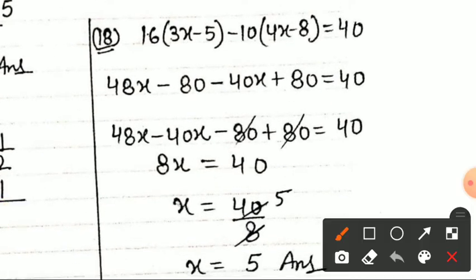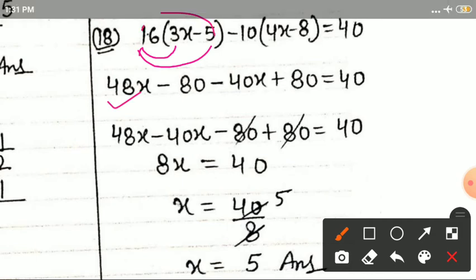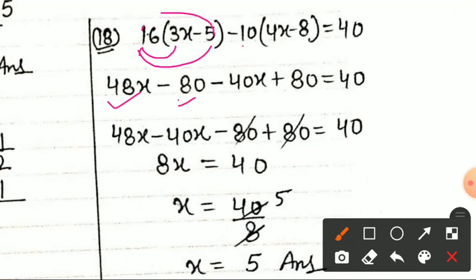In this question we know very well that if brackets are given, first we have to solve the bracket because the BODMAS rule will be followed here. According to BODMAS, this 16 is multiplied by both numbers inside. So 16 threes are 48x and 16 fives are 80, negative 80. In the same way we open this: 10 fours are 40x and minus minus becomes plus, 10 eights are 80.